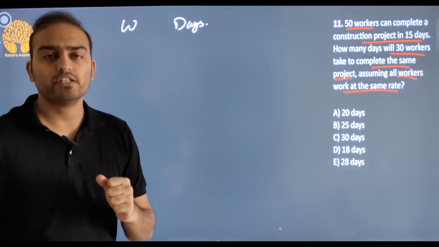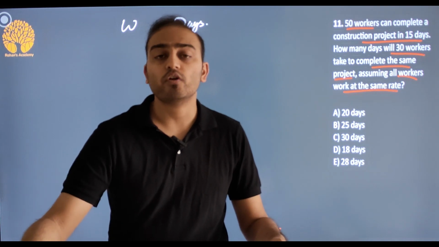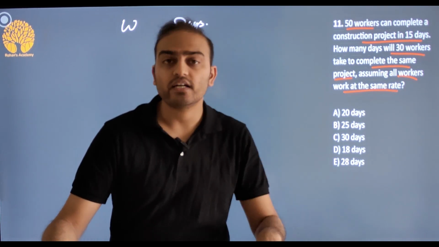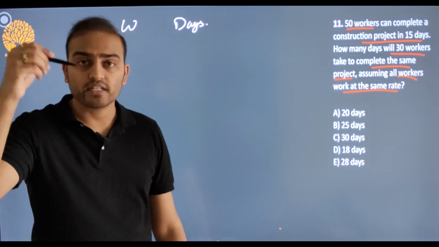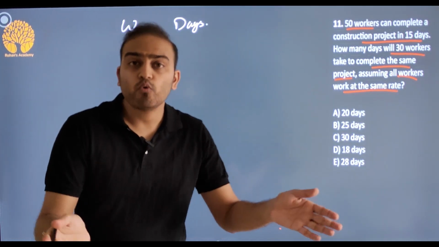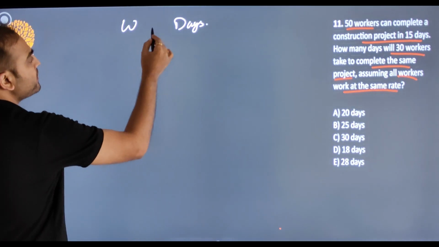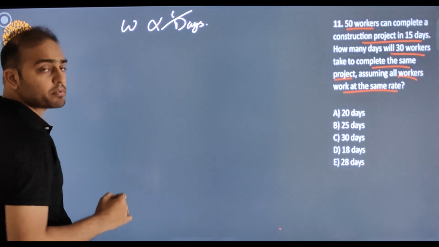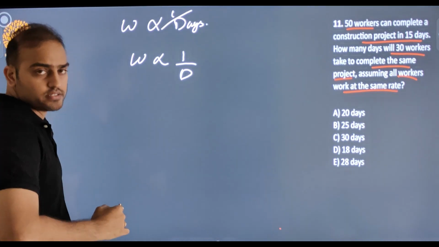Think, what will be the relationship? If there is a certain amount of work to be done and you increase the workers, the days will decrease because the work will get over faster. Similarly, if you decrease the workers, it will take more time. So the relationship between workers and days is inverse proportion. Workers is inversely proportional to days.